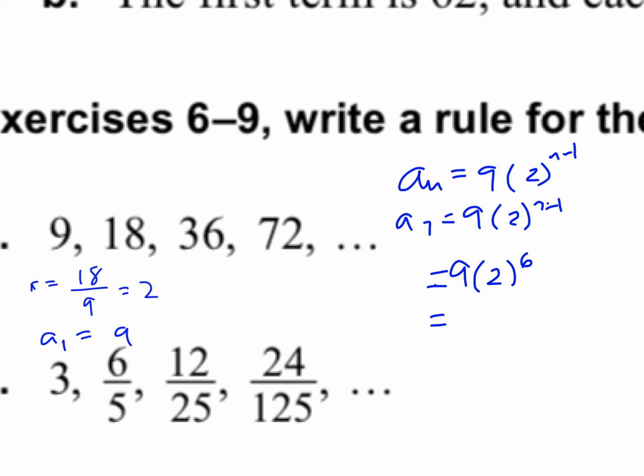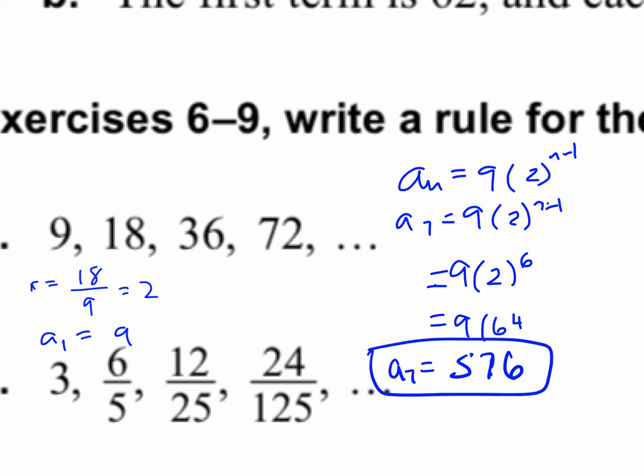So 2 to the power of 6 is 64. 9 times 64 is 576. So that is our 7th term.